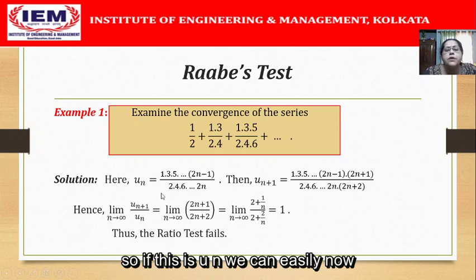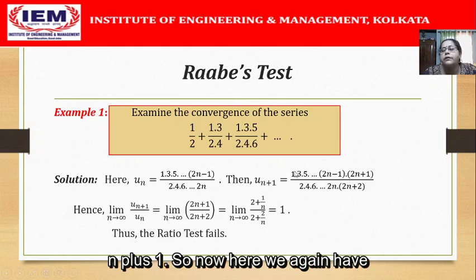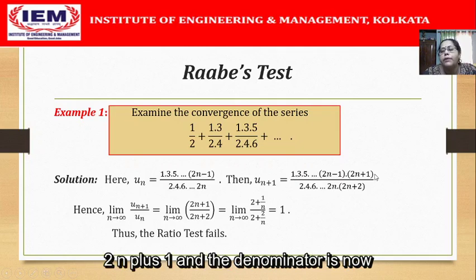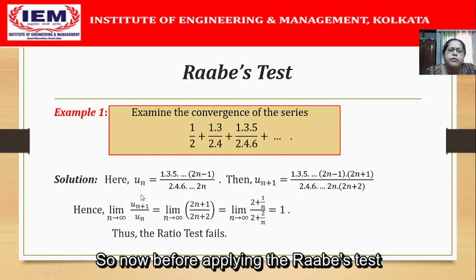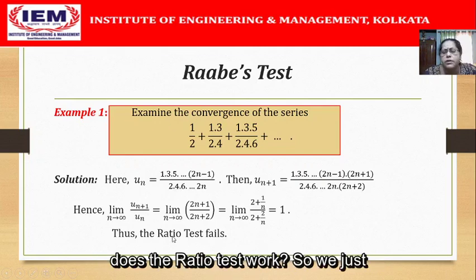So if this is un, we can easily now write un plus 1 by just replacing n by n plus 1. So now here we again have these odd factors, only now it is ending with 2n plus 1, and the denominator is now ending with 2n plus 2. So now, before applying the Raabe's test, let us have a look, does the ratio test work?